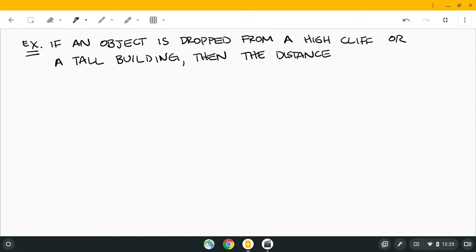So imagine dropping this object and then it starts falling, right? Then the distance it has fallen after t seconds.